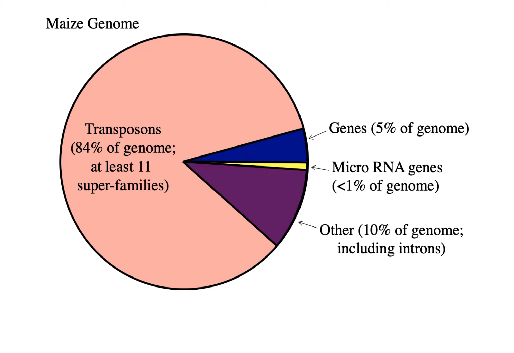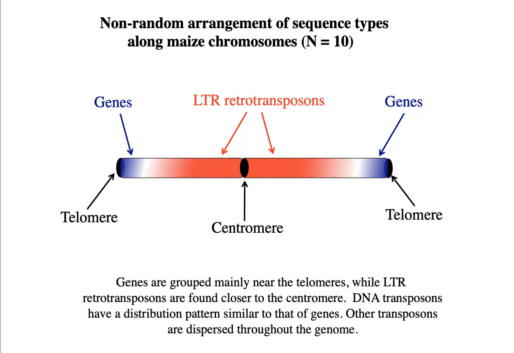So most of the genome is made up of transposons. The positions of the LTR retrotransposons have been mapped on to all 10 chromosomes of maize, and they're located in the central portions of the chromosomes, and you only find the genes, the mRNA genes and other genes, way out towards the ends of each one of the chromosomes, just before you reach the telomere regions.